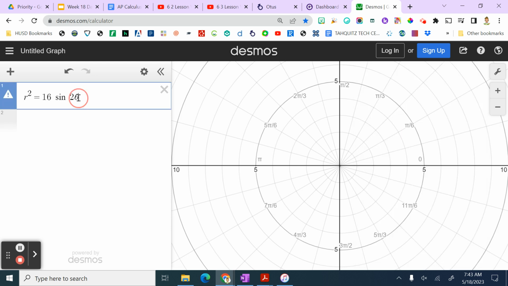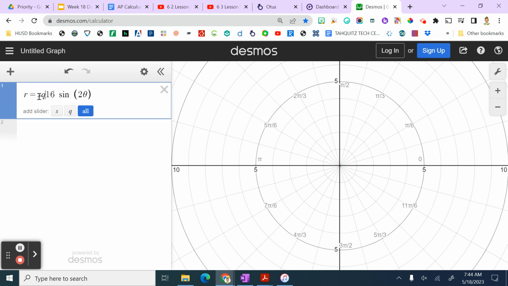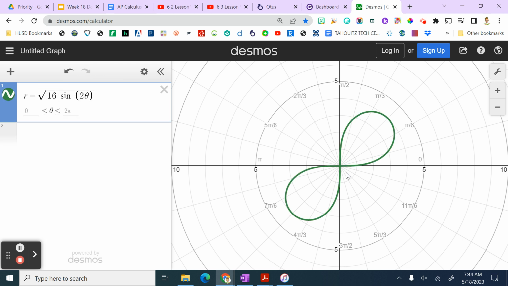Nope, didn't like it. Linear in r. I wonder if I put parentheses around this. Sometimes it doesn't like that. Oh, you know what? It wants the square root over this. It didn't like the r squared. I'm apparently wrong. Ooh, that's not what we wanted though. Try putting the square root over the top. There we go.